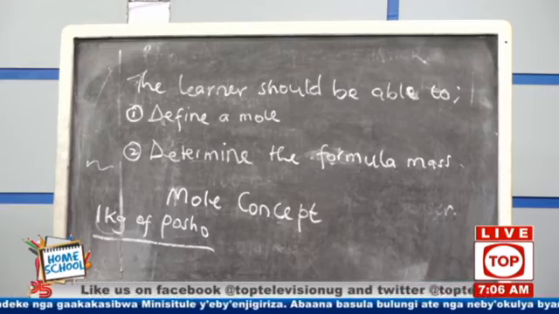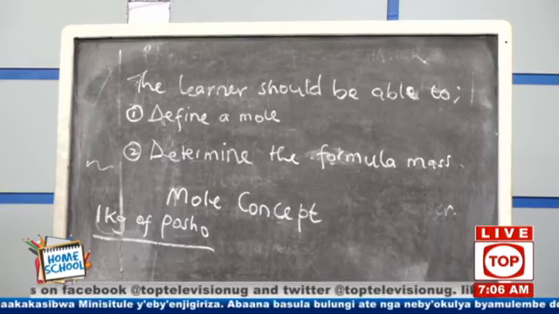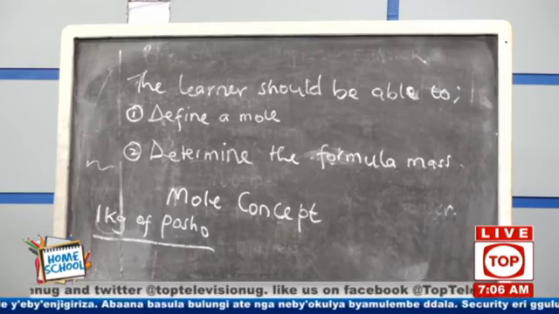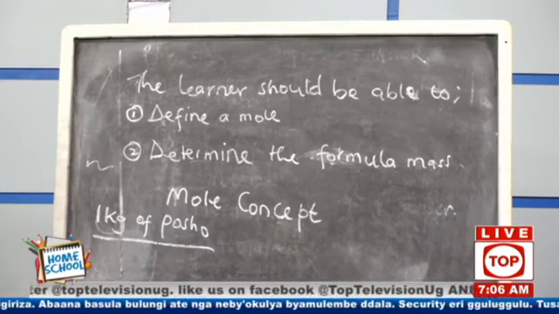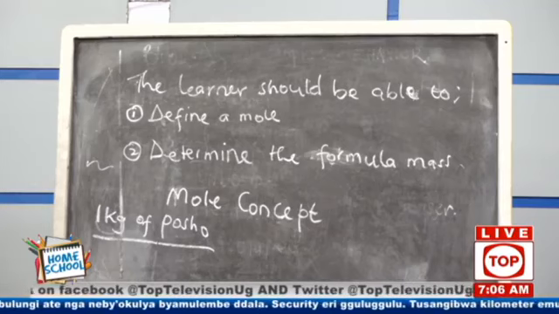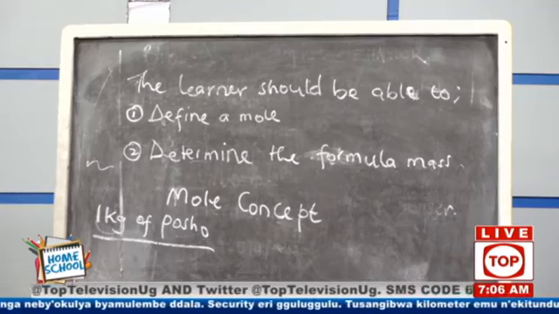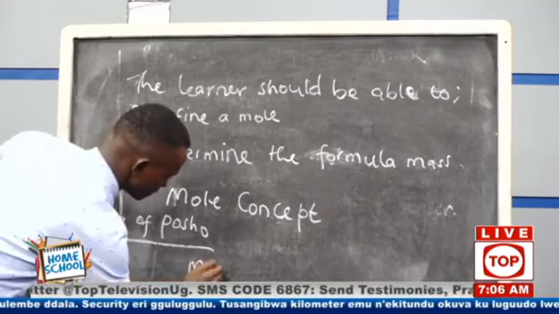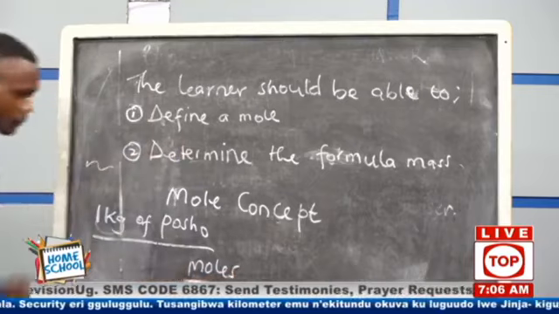So since these particles have been identified to be in large numbers, chemists came up with a formula and said that now you see what? We need to group them, okay? So these particles have been placed into groups, and these groups are called moles, okay?